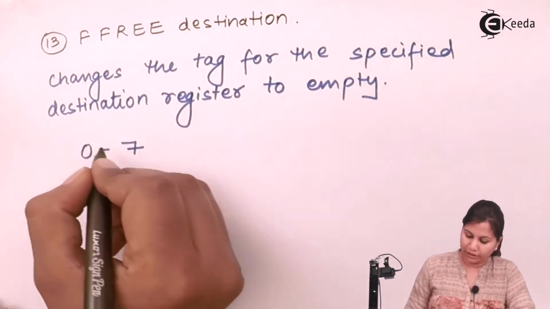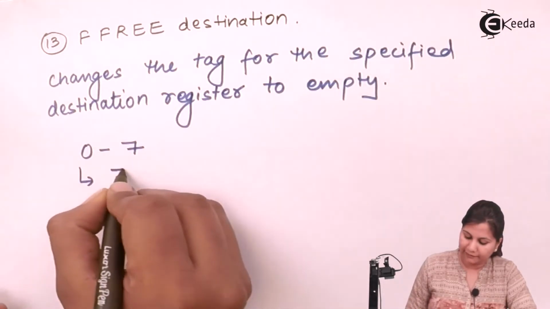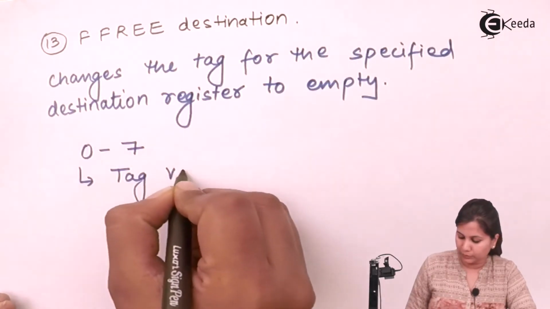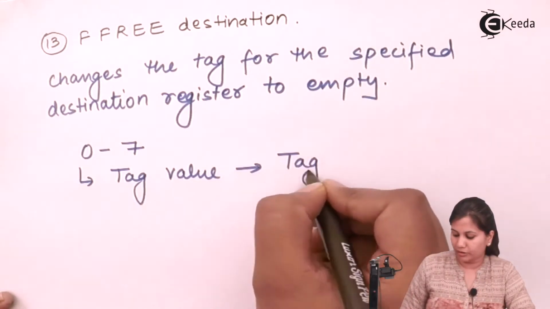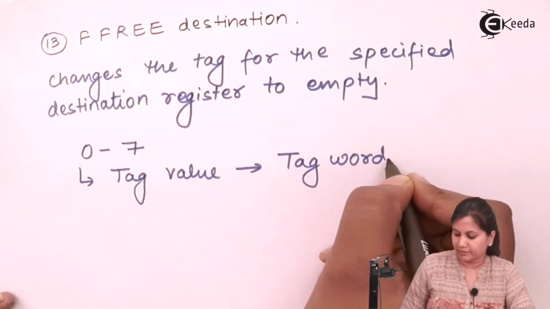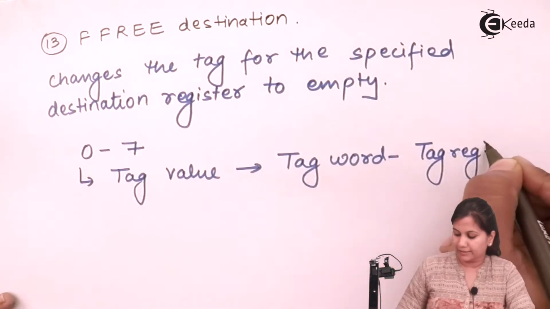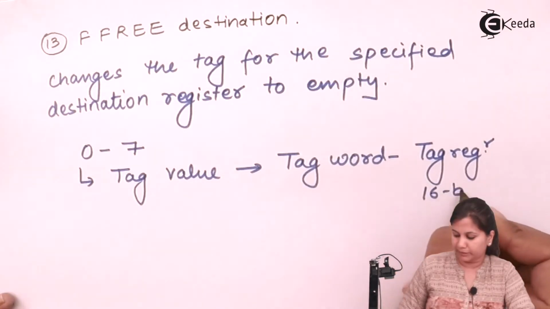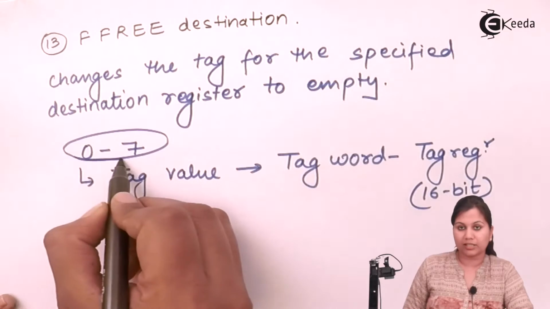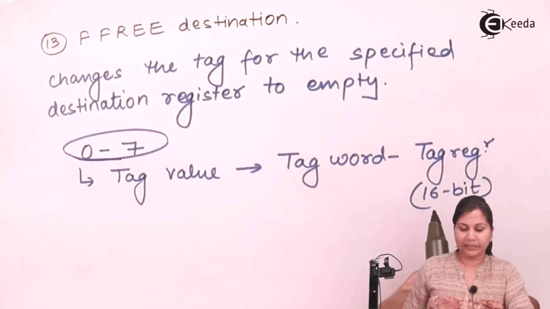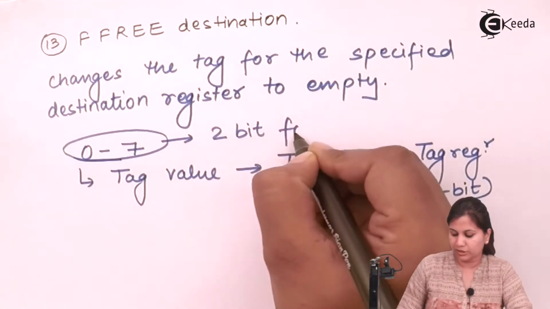For each of these 8 registers, there is a tag value which is specified as the tag word in the tag register. This tag register is of 16-bit. So for each of these 8 registers, there will be 2 bits, 2 bits for each register.